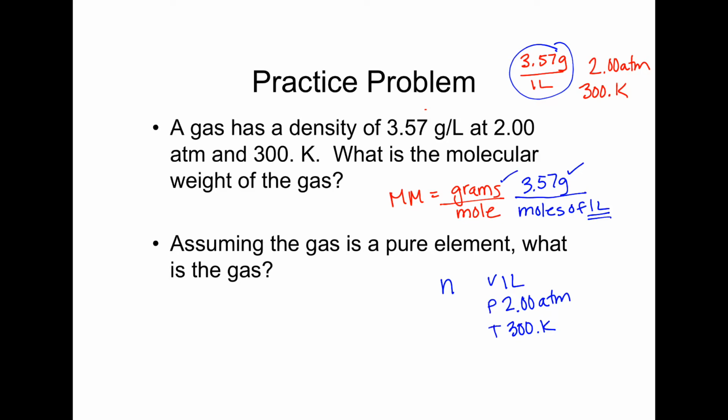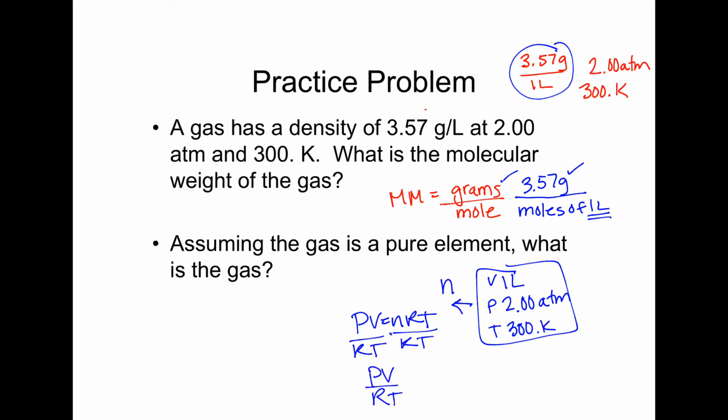It looks like I can use the ideal gas law to take this information and convert to moles. So I'm going to write my ideal gas law. I'm going to divide both sides by RT, and I get PV over RT equals n, because those guys cancel out.